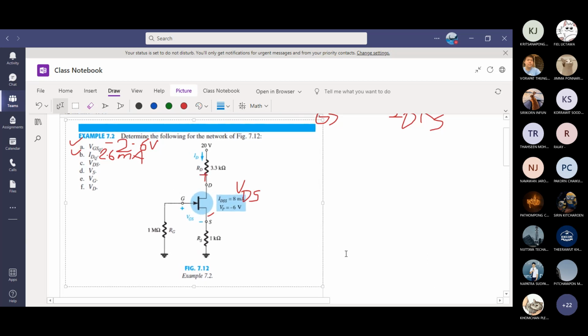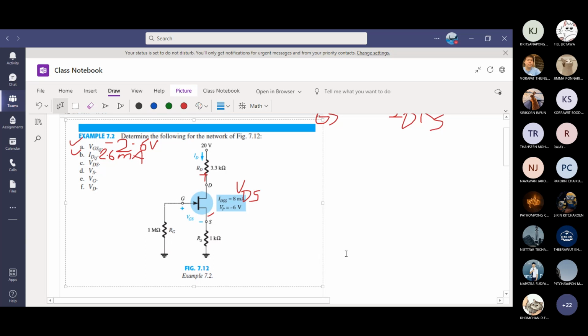Okay. What is VDS? 20 minus, in the milliamp you have 2.6 multiplied by kilo ohm. Actually totally is 4.3 kilo ohm.